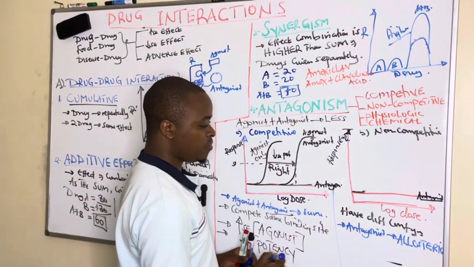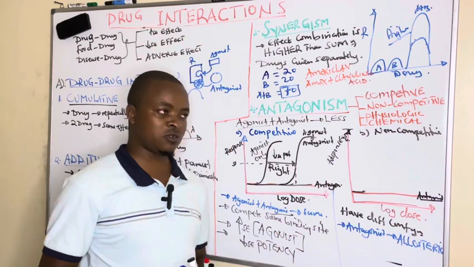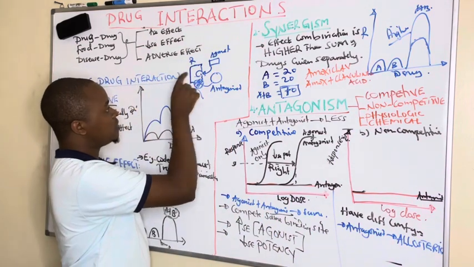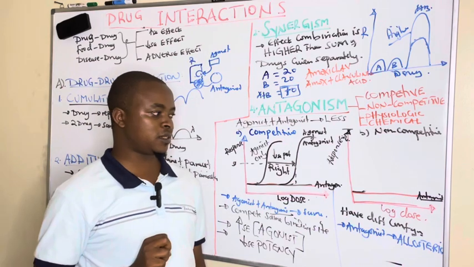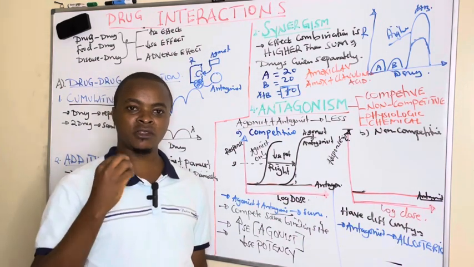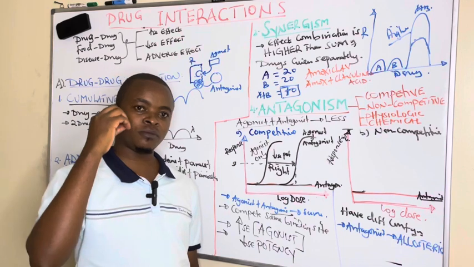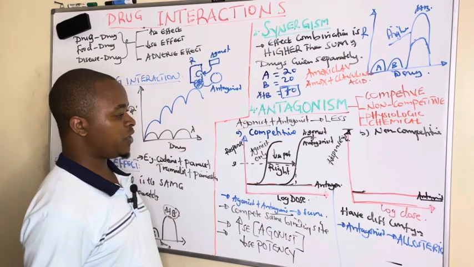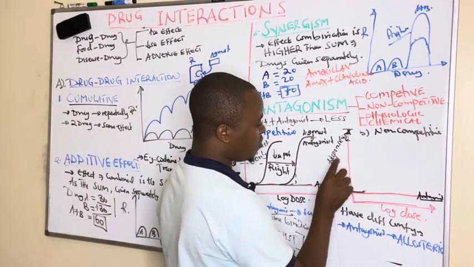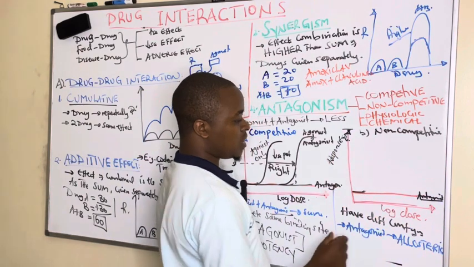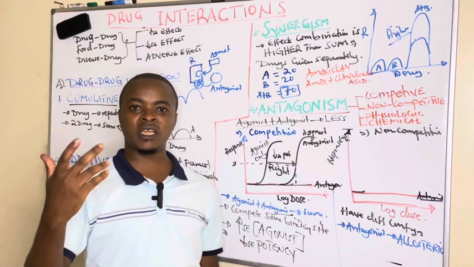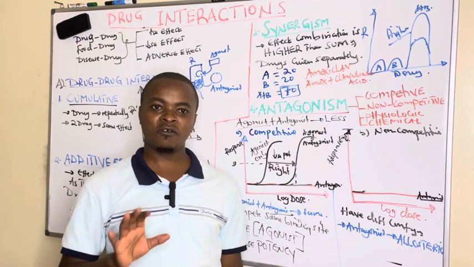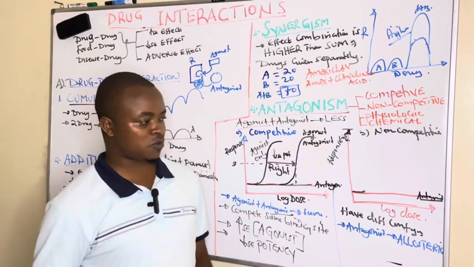And this cannot be overcome by increasing the concentration, because we have already lost the shape of the active site after binding at the allosteric site. Therefore, we cannot achieve maximum response even when we increase the dose. If we have this graph of response versus dose, antagonists do not produce any pharmacological response. They bind, but they do not produce response.